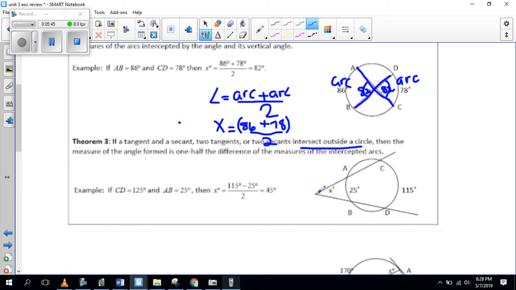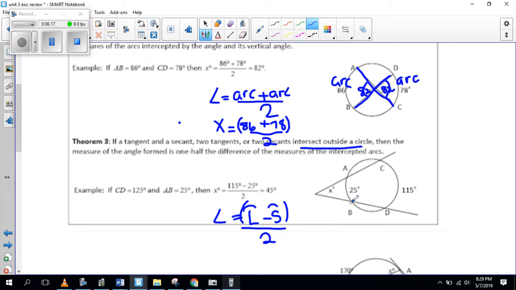Then the measure of the angle formed is 1/2 the difference of the measures of the intercepted arcs. Okay, so basically what it's telling me, the measure of the angle equals large arc, and I put a little L here in the arc sign, large arc minus the small arc, we'll put these in parentheses, all over 2. And if you notice, all my formulas here, we're dividing by 2, because it's 1/2. But just remember, divide by 2.